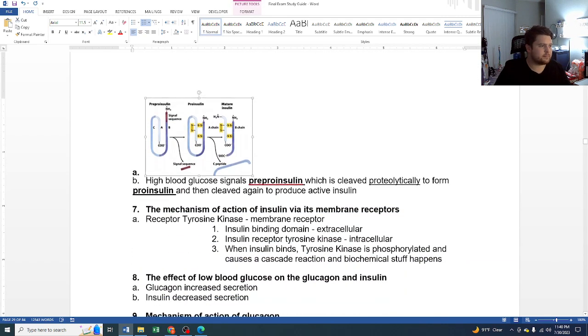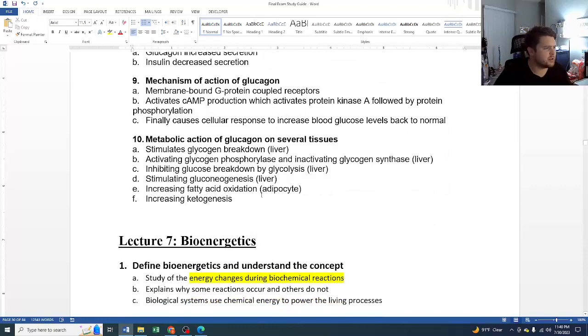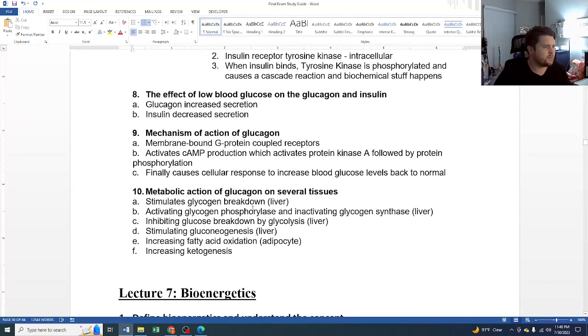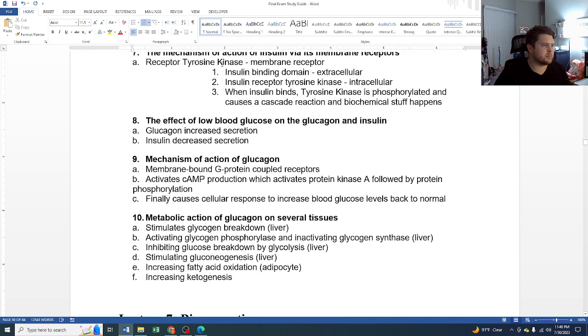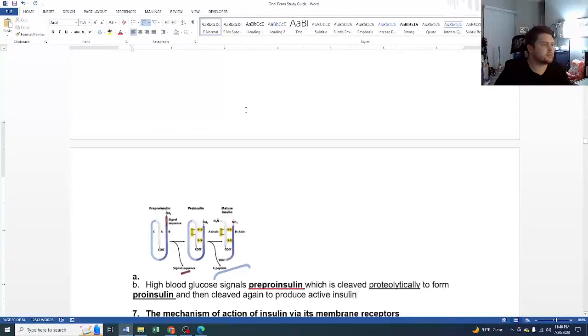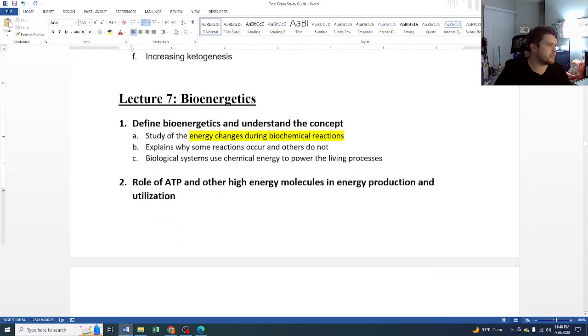We already talked about that. The mechanism of action of insulin via its membrane receptors, we talked about that as well. A lot of this has been repeated a couple of times, so that should be good. I think that horse has been beaten enough at this point.